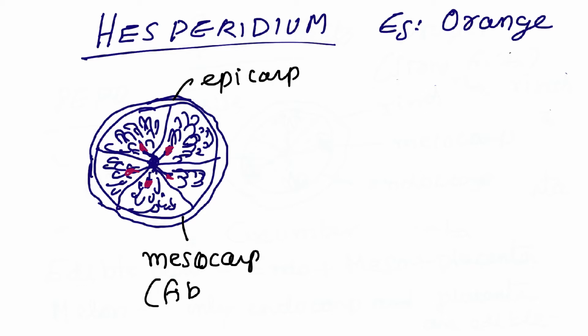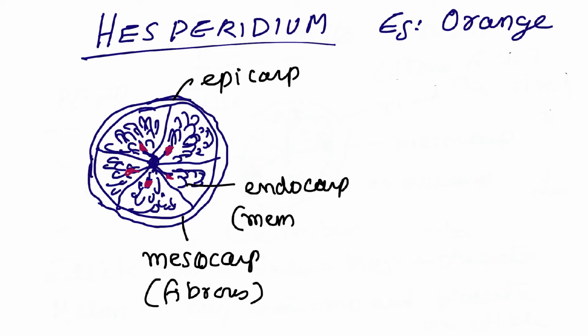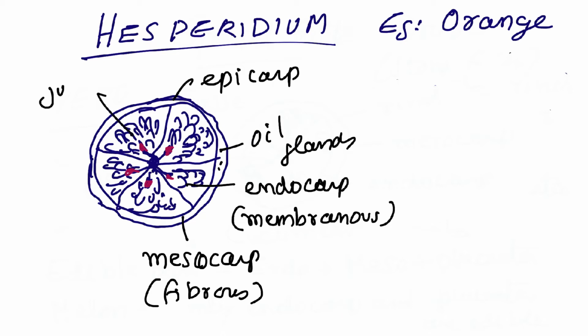Note the very important point that the epicarp has oil glands in it, in the sense that when we squeeze the orange skin, there is a liquid coming out of it. So there are oil glands in the epicarp. Endocarp is membranous, and the key edible part is the juicy hairs.